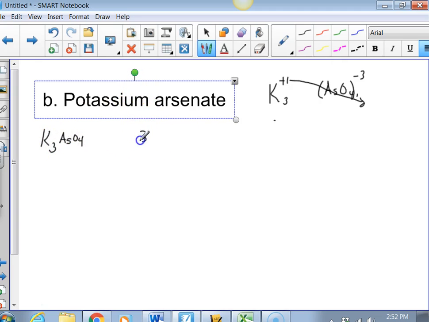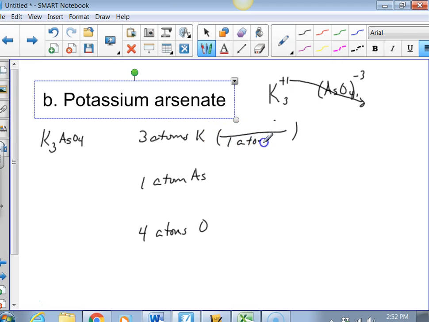This gives us 3 atoms potassium, 1 atom arsenic, and 4 atoms of oxygen. Every 1 atom of potassium is 39.1 AMU.